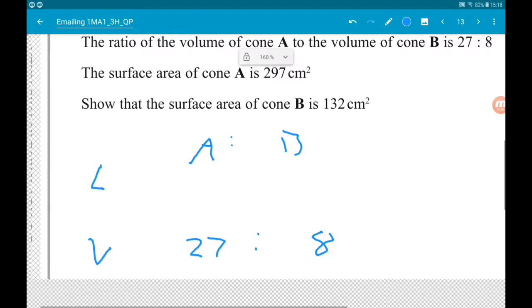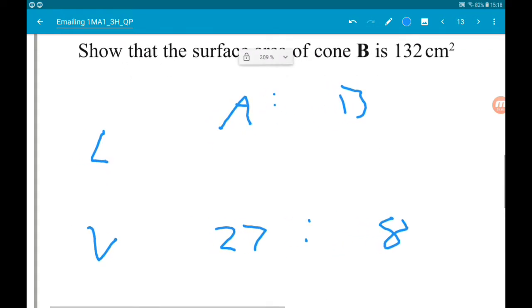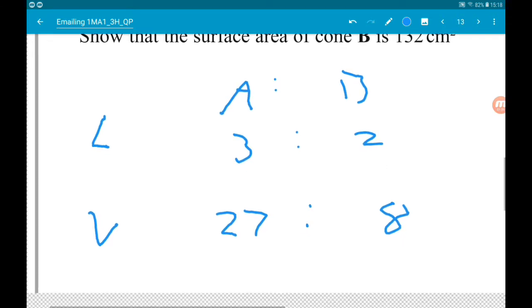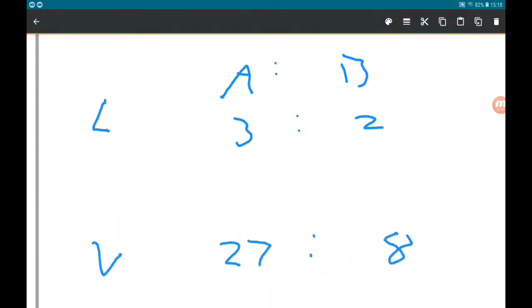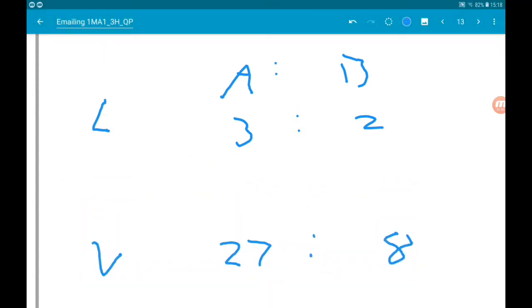Now to get that from the volume, you cube root both parts of the ratio. So the cube root of 27 is 3 and the cube root of 8 is 2. Now from that we can work out the ratio of their surface areas.